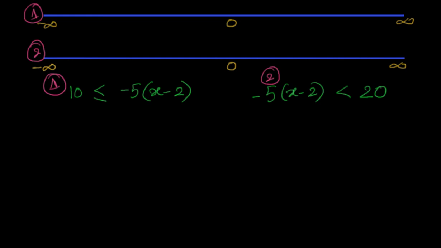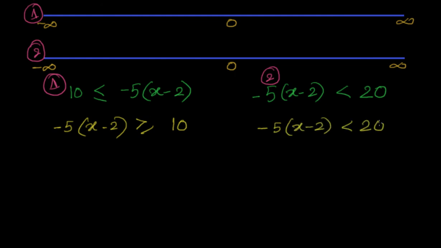Okay. So the first one, 10 less than or equal to -5(x - 2), that is nothing but -5(x - 2) greater than or equal to 10. You will agree with me. And similarly, this is nothing but -5(x - 2) less than 20. Now we are ready. Let's look at the first one.